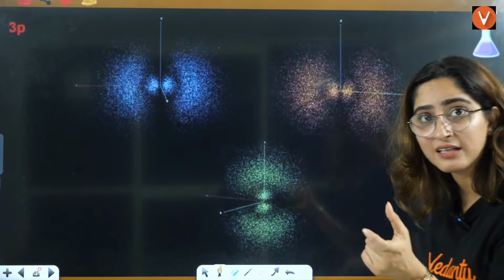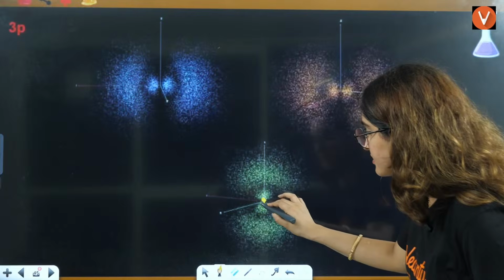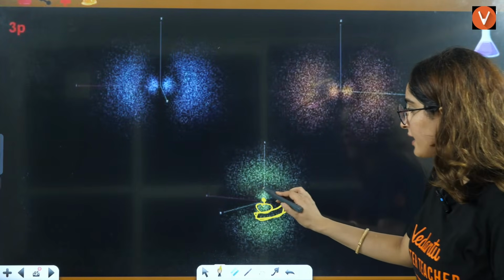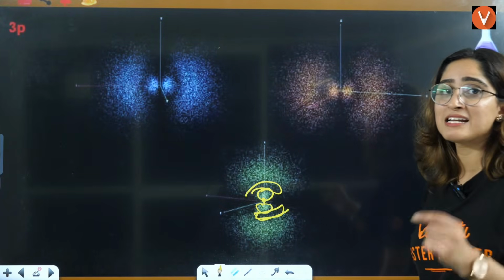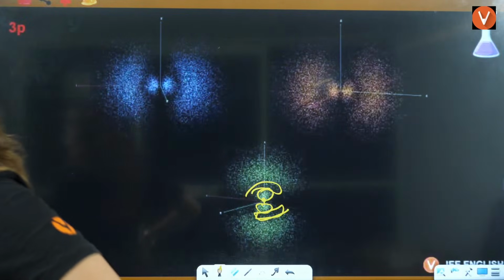That is the plane. But if you see this, this is the nucleus. At this distance, you have the electron. Then at this distance, you don't have the electron. At this distance, you have the electron, then at this distance you don't. That is your radial node.